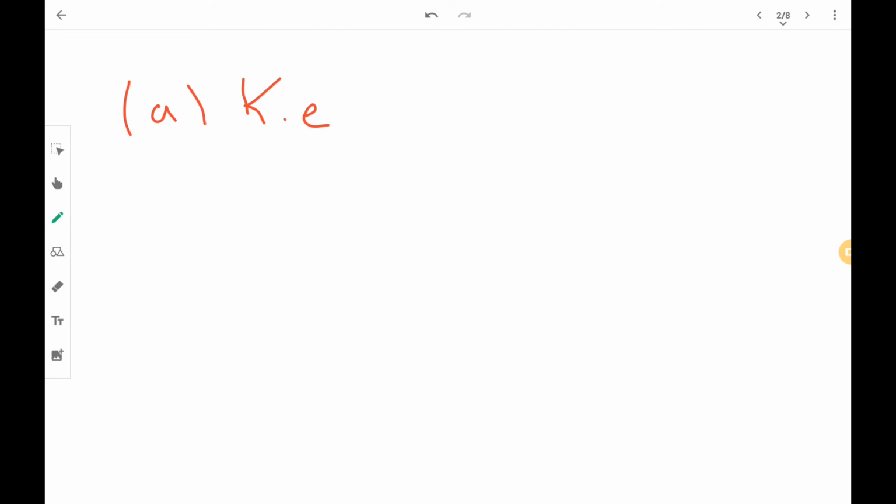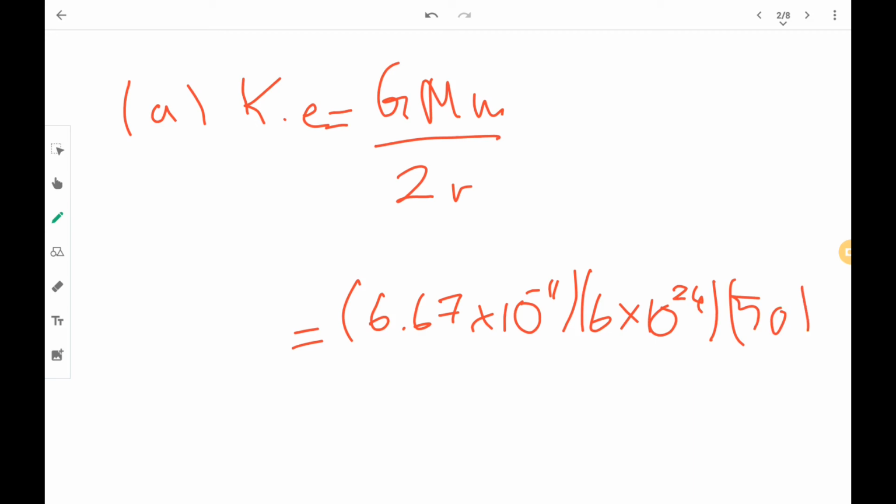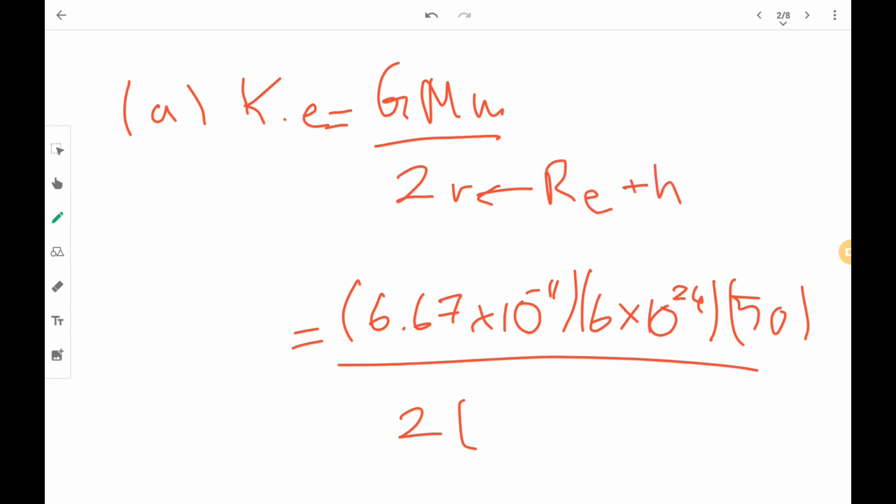The formula for kinetic energy is G M m over 2r, 6.67 times 10 to the power of minus 11 times the mass of the earth, 6 times 10 to the power of 24, the mass of the satellite 50 kilograms, over 2 times the total radius, which is the radius of the earth plus h.